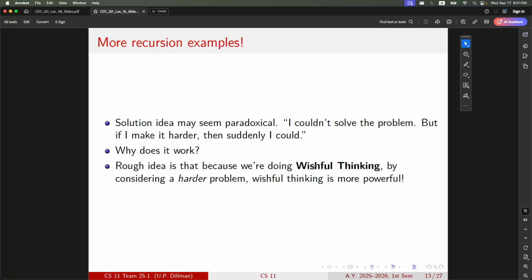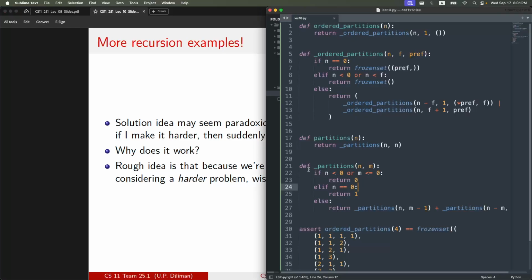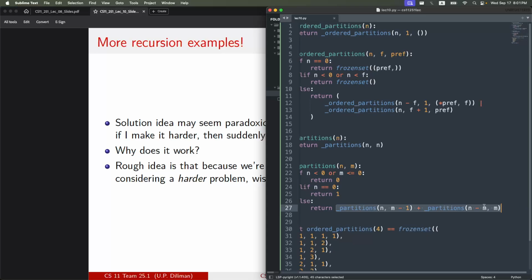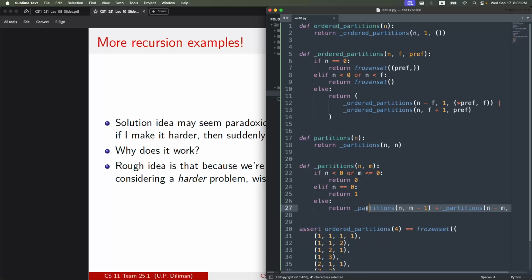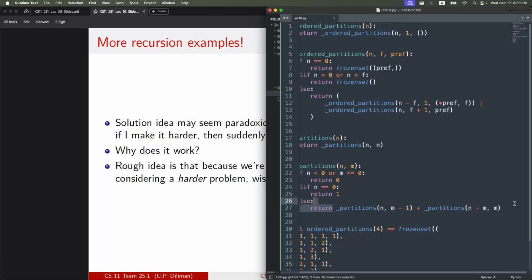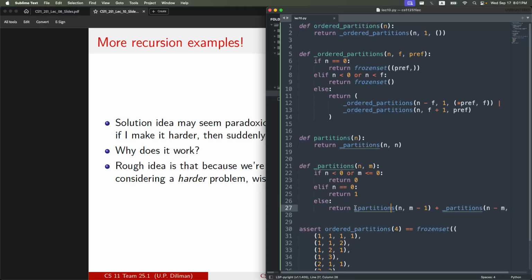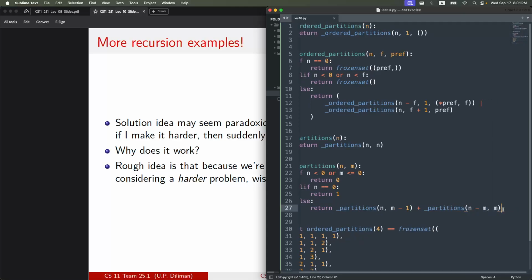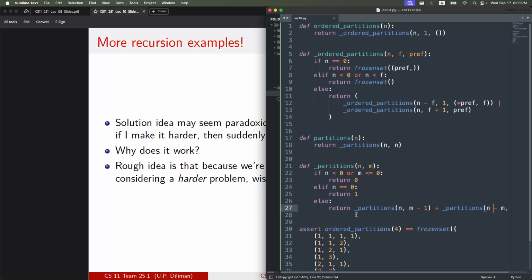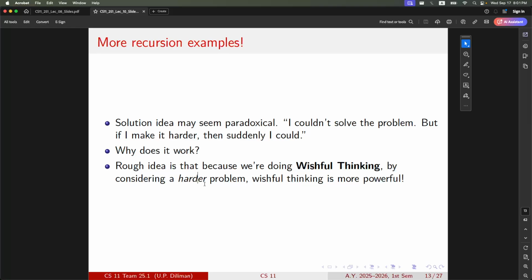Roughly, it worked because we're doing wishful thinking on a more general problem, which means we have more smaller problems that we can use. The extra information allowed us to count the partitions uniquely, which we could not have done with just a single parameter.